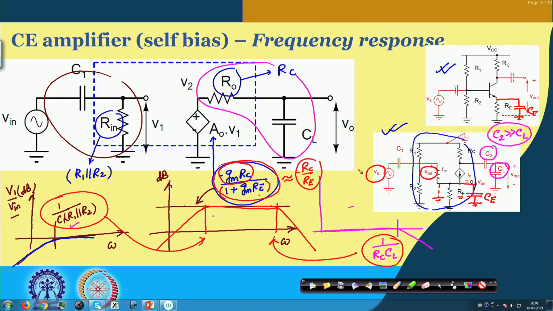And as a result, we said that the gain, instead of having 1 plus Gm into Re in the denominator, if CE is bypassing it, this portion will be 0. As a result, we can get higher gain.